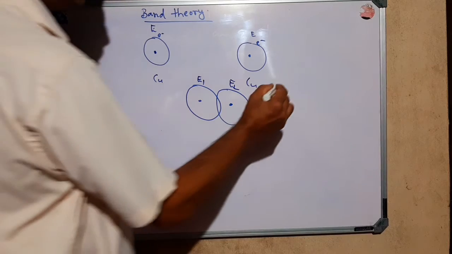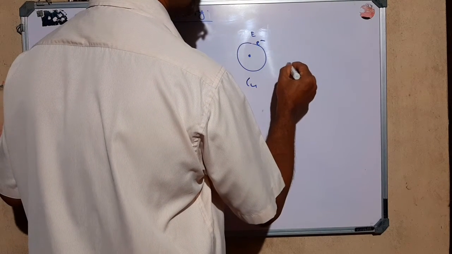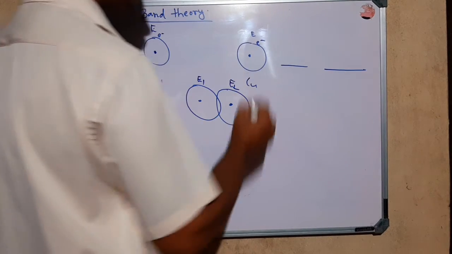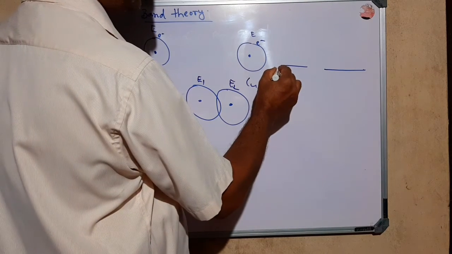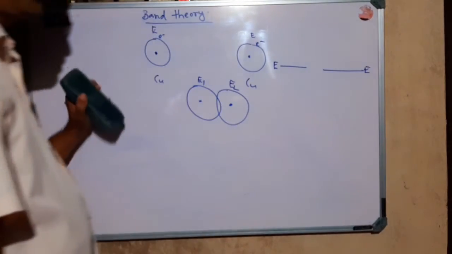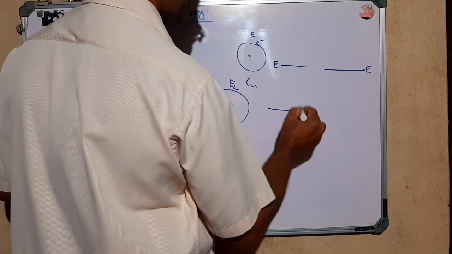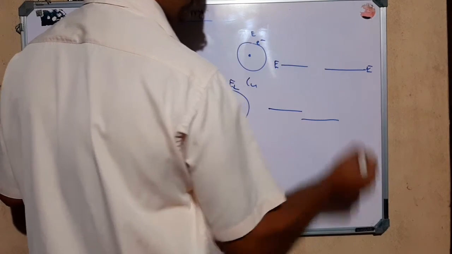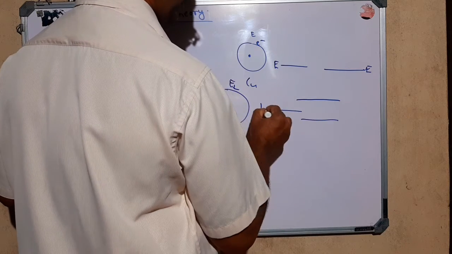That means if I write it in an energy level diagram, before bringing the copper atoms close together, when they are farther apart, both electrons have energy equal to E. But when they are brought closer, the energy of one electron is decreased and that of the other electron is increased by the same amount.